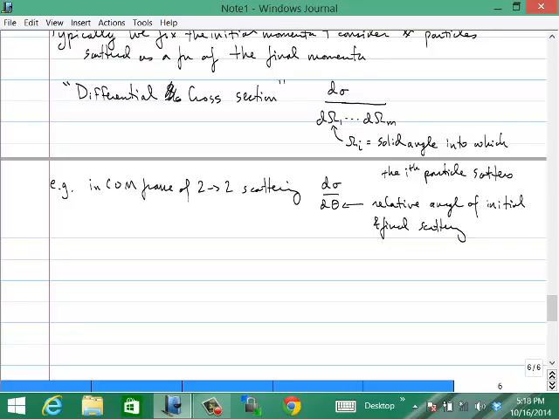So the question then is, how do we go ahead and compute the scattering cross-section from things that we already know? So how do we compute sigma, or the differential cross-section d sigma, from the matrix element, or the S matrix element, that tells you about the quantum mechanical scattering amplitude from some initial state into some final state?